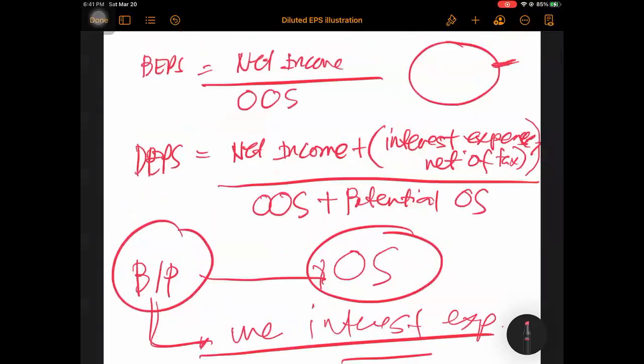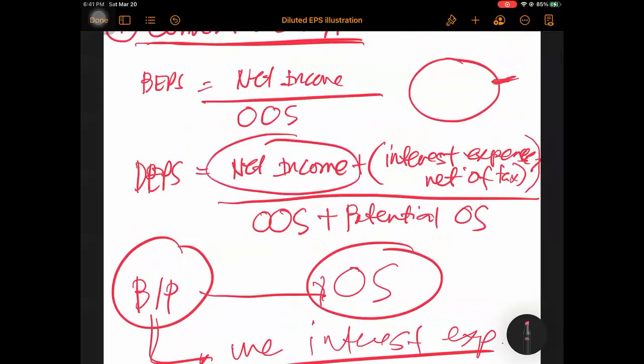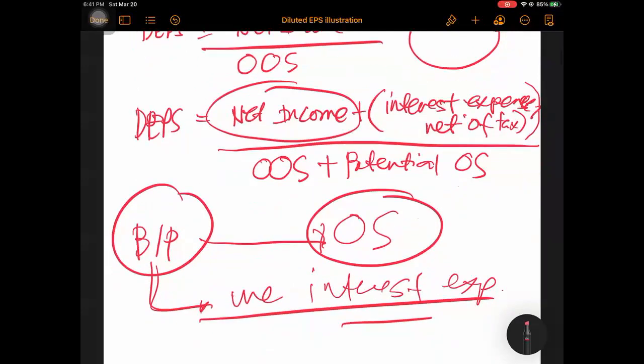But the net income is the revenues, or let's say sales, minus all the expenses, even the taxes, net of tax. Therefore, we need to add back the interest expense because we assume that the bonds payable is already converted into ordinary shares at the beginning of the year.